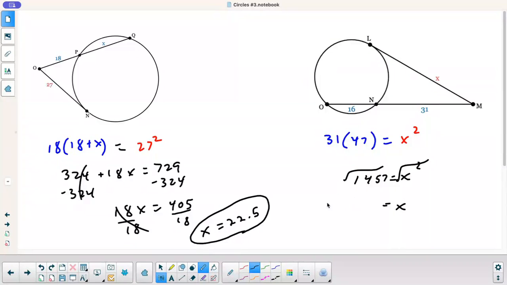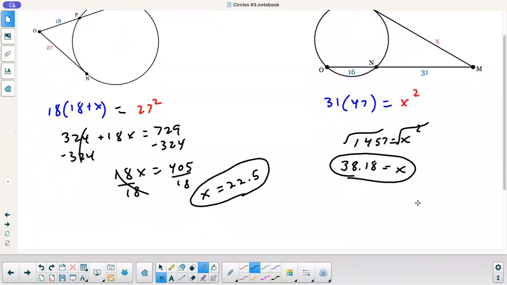So as a decimal, if it said to round, you'd put it as 38.18, rounded to the hundredths. If you wanted it as an exact answer, we'd have to see if any perfect squares go into 1457.